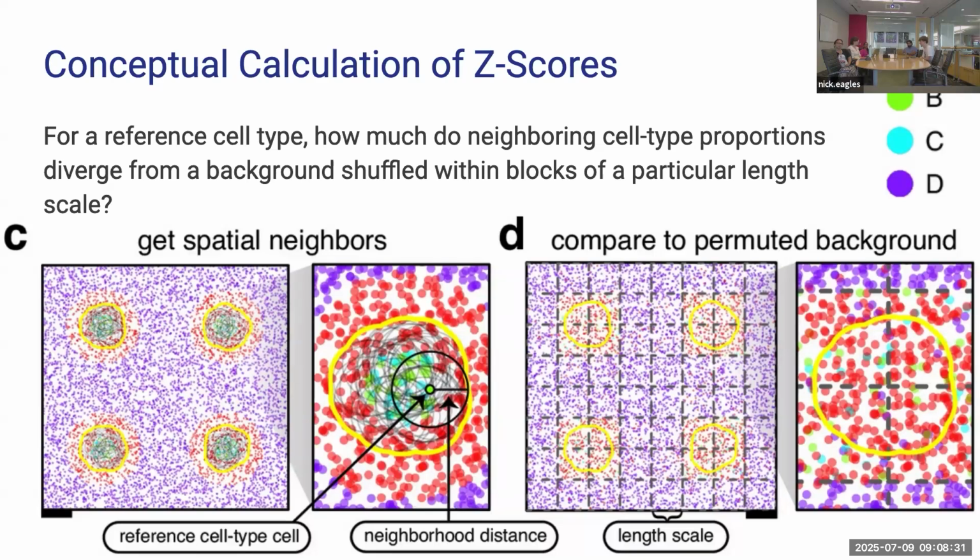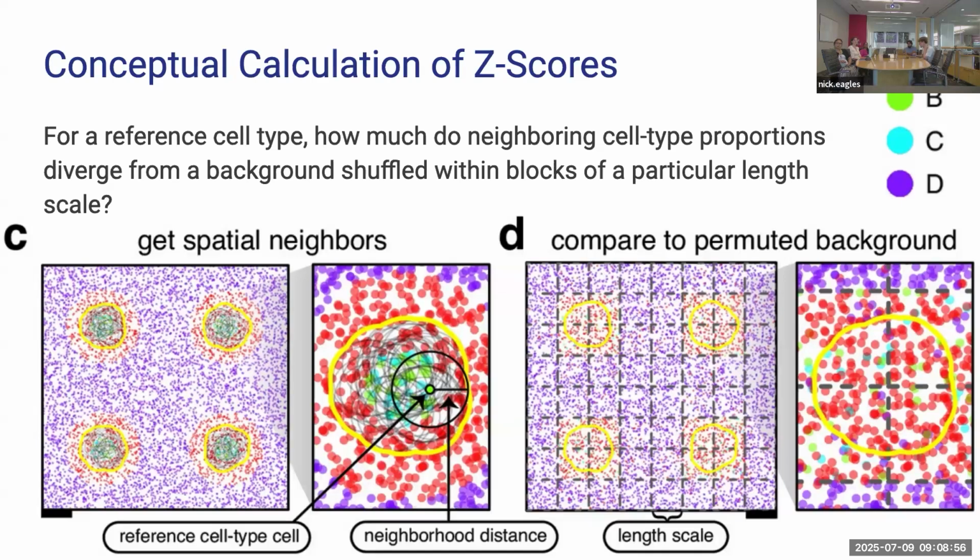Once you have that union of neighborhoods, you can look at the cell type proportions of the other cell types other than the green one. And then you can compare that to what's done in G, where for a given spatial scale, you form a grid of squares where the side length of a square is that spatial scale. Typically when you run this package, you'll use multiple spatial scales, but we're doing this one at a time.